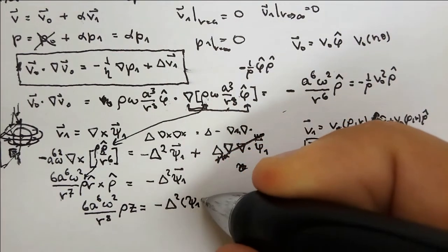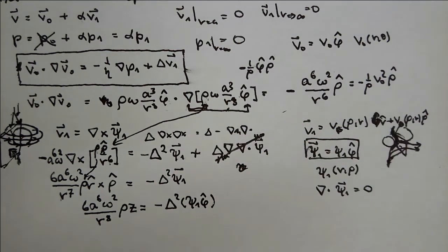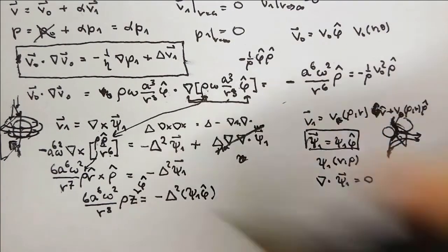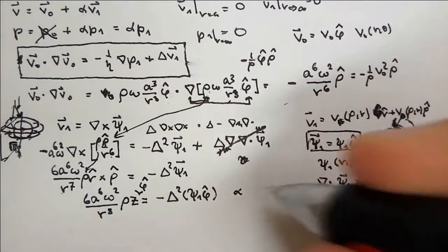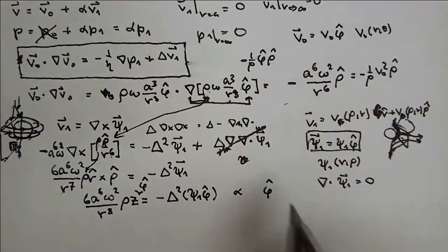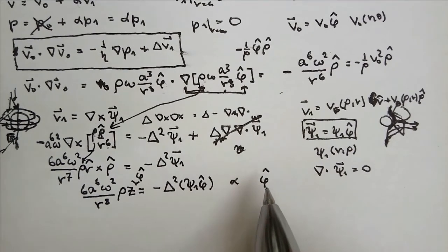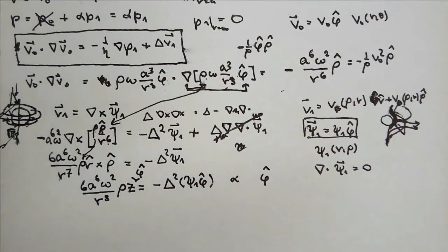psi 1 phi. We will assume this kind of solution. This solution is on this, and this is phi hat. If you perform this Laplacian, you will see this is proportional to phi hat, as you can see in the video on the Oseen approximation. Next, we will use the formula.